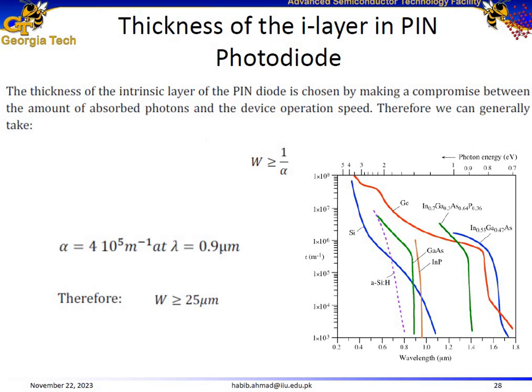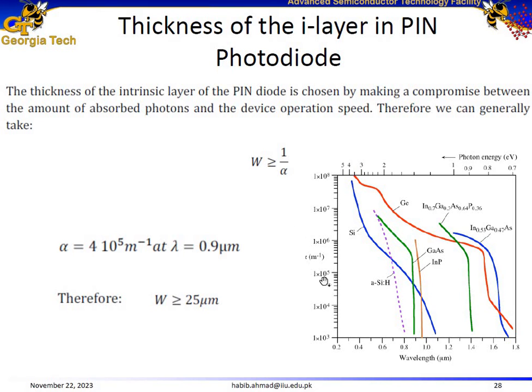An important design parameter for a PIN photodiode is the thickness of the I layer. How do you set the thickness of the I layer in a PIN photodiode? The key point here is the absorption coefficient.